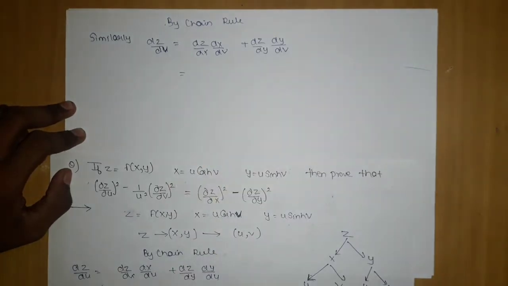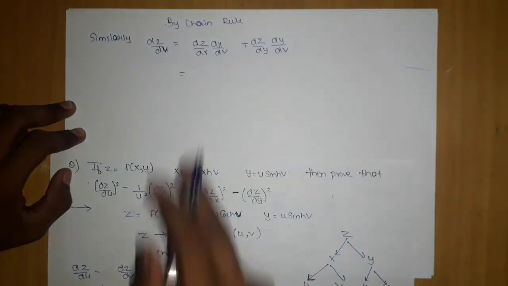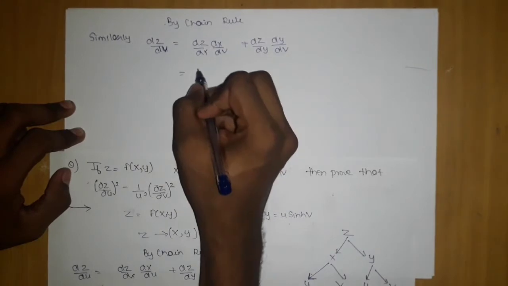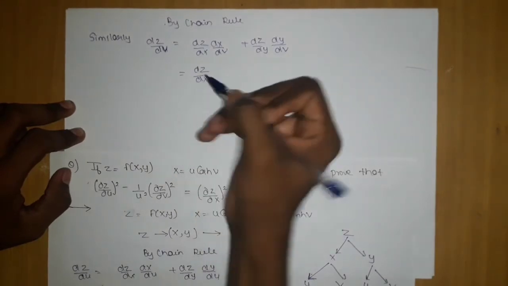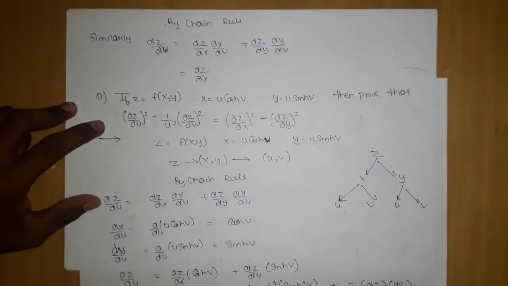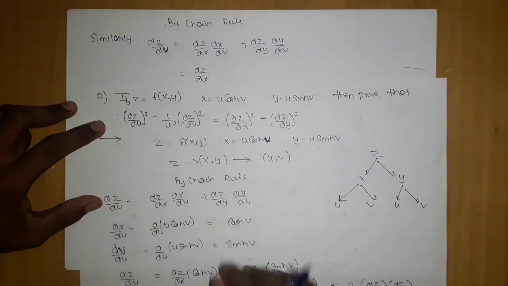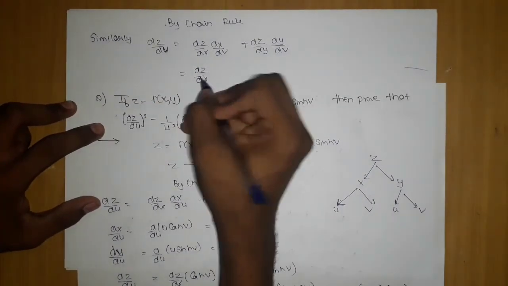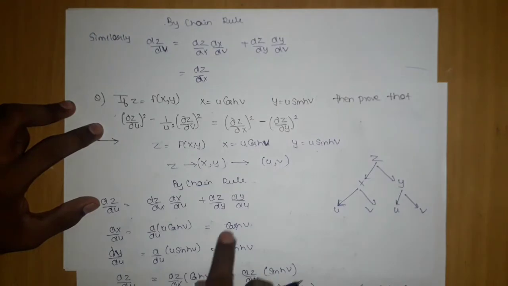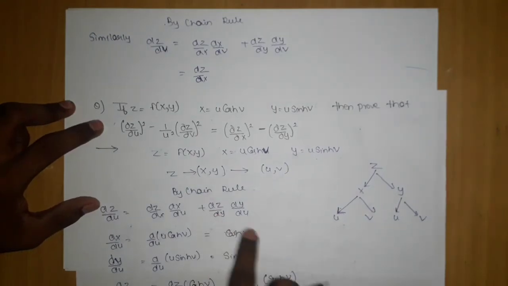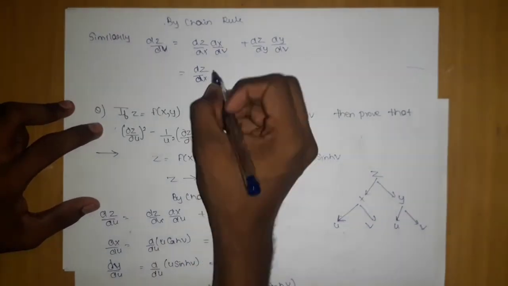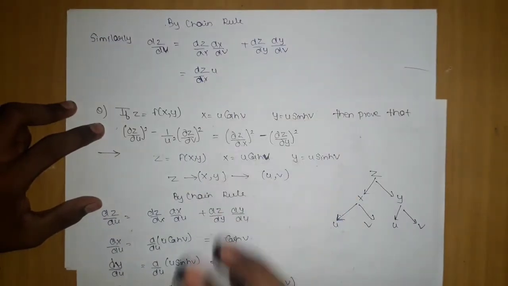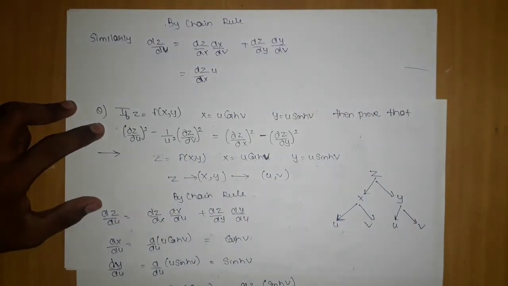Just do one thing, ∂x/∂v you can get this time by observing this. We are not going to do that, okay? We have said similarly, so if you don't show this step, it is fine. So for u cos hv, u will be as it is, and when we differentiate cos hv in hyperbolic, it is sin hv.